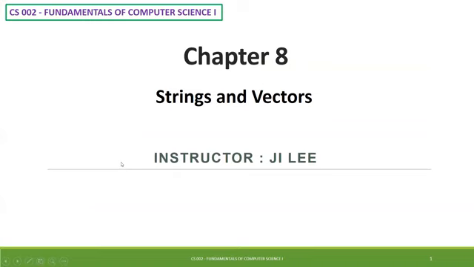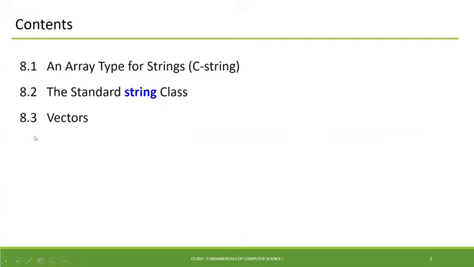The chapter 8 topic is strings and vectors. There are 3 important topics. Usually we don't have enough time to practice chapter 8. However, if you take CS3A, then you will learn strings and vectors a lot.